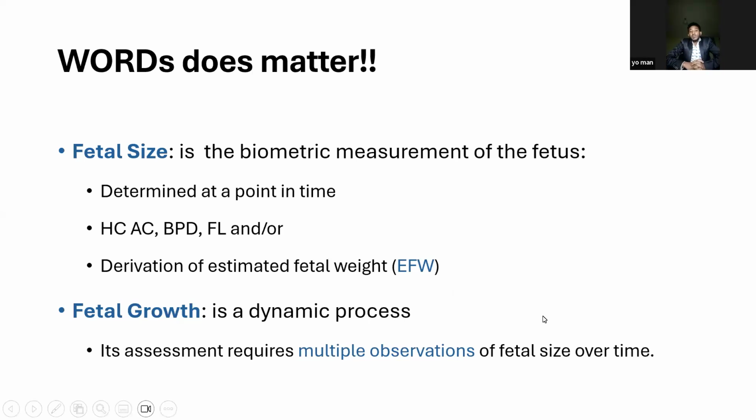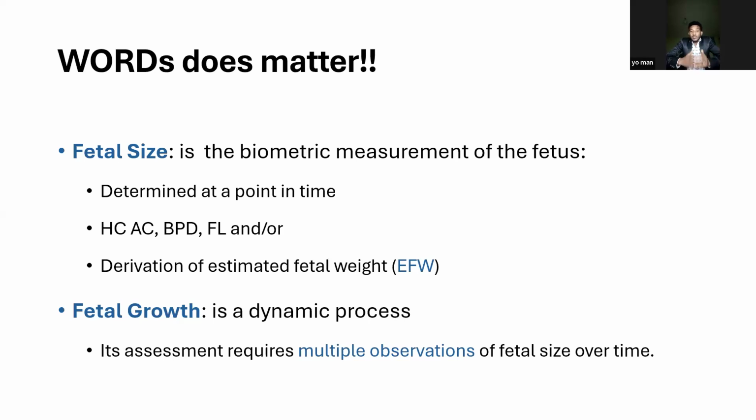But fetal growth is a hypothetical situation, a dynamic process. So its assessment requires multiple observations of the fetal size over time. It means you scan the patient by ultrasound and measure the HC, BPD, FL, and you see the deviations of those parameters from the established gestational age.